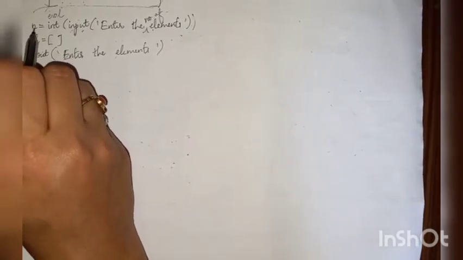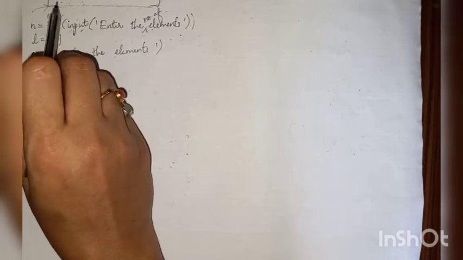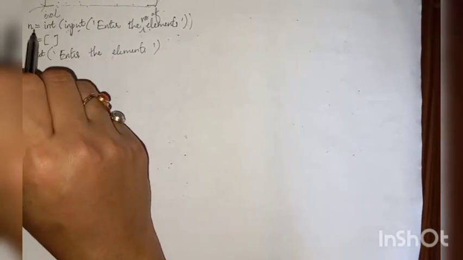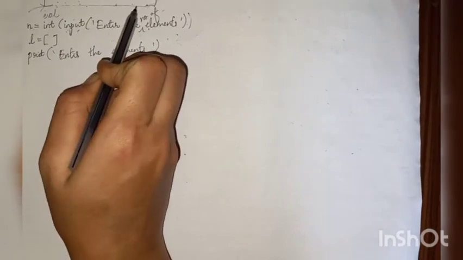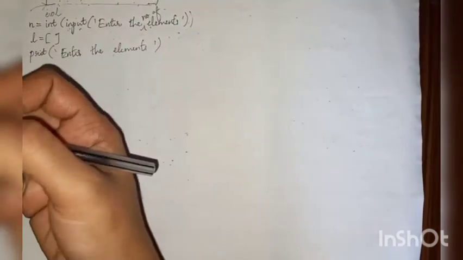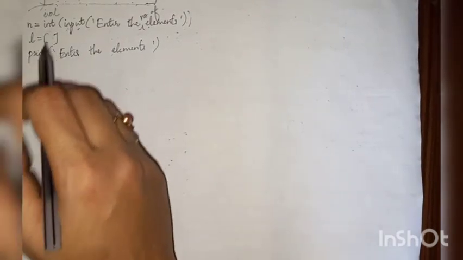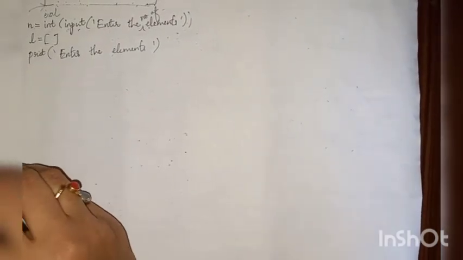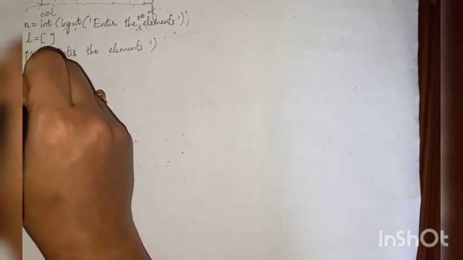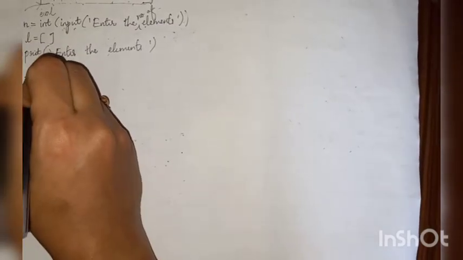If I am giving here 5, then there should be 5 elements in this list. If I am giving here 3, then only 3 elements should be there. So to enter that many elements, we should repeat some steps. So for repetition we have to use an iterative statement.